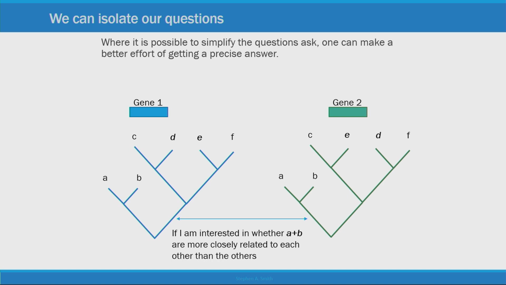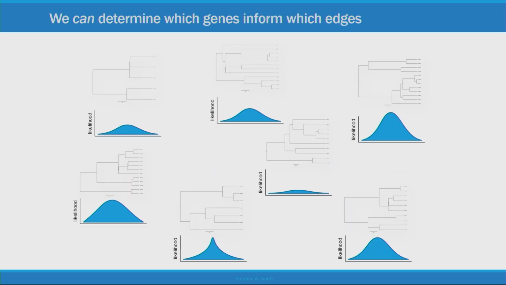So where it's possible, we're trying to simplify this question just to say, I'm interested in whether A is more closely related to B than anything else, and in these two trees that I'm showing, E and D have different relationships. I don't care about that. I just want to know whether A is more closely related to B in this gene and whether there's information for it. And we use probabilistic methods to do this.